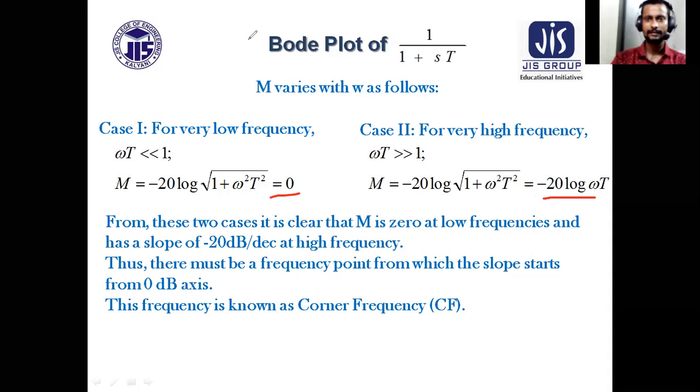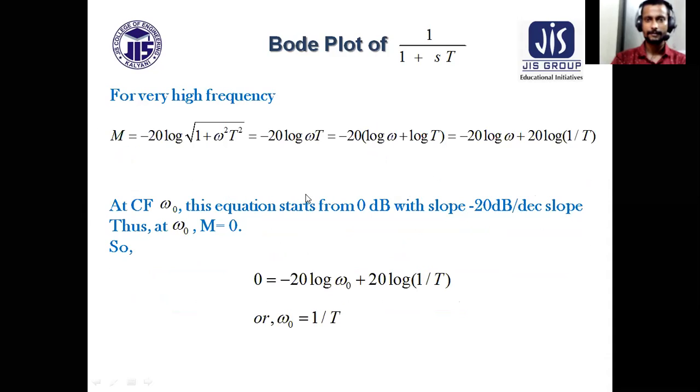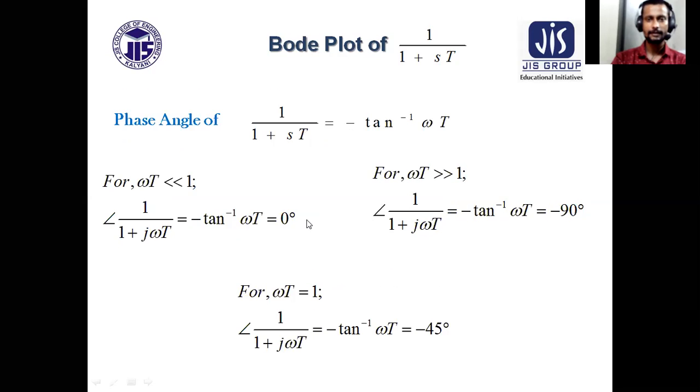Okay, let us discuss that first. See here, minus 20 log omega will give us a slope of minus 20.